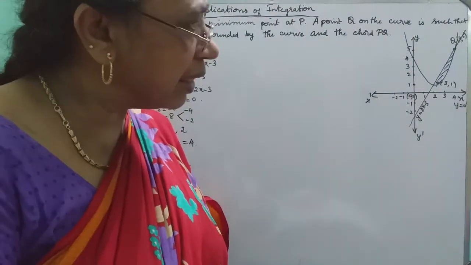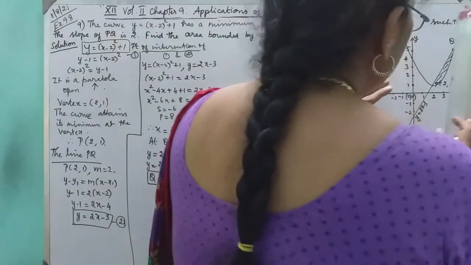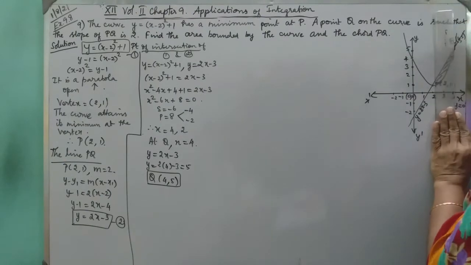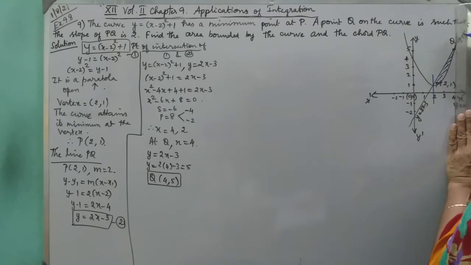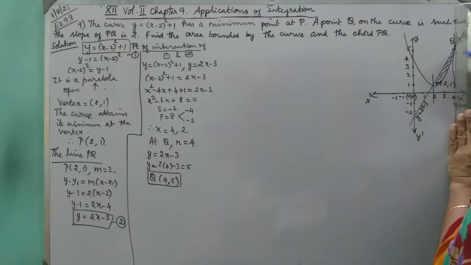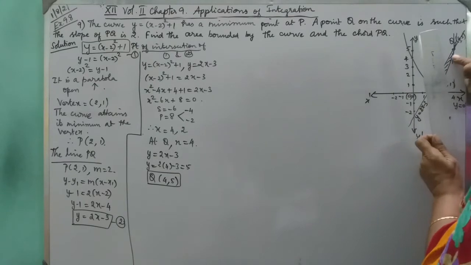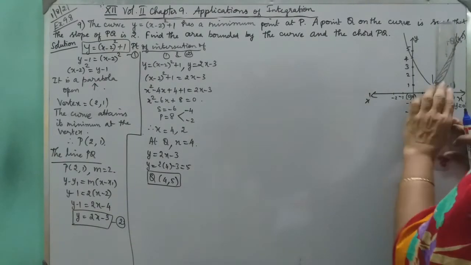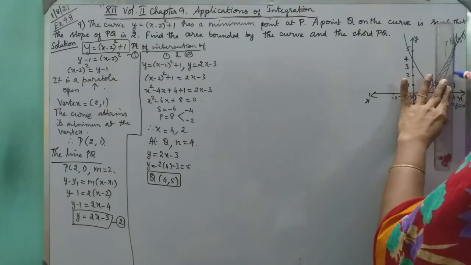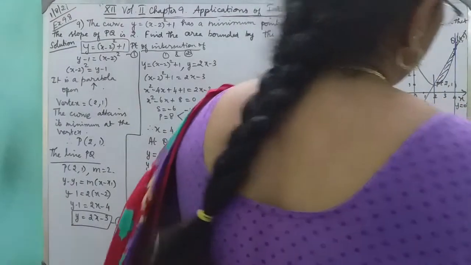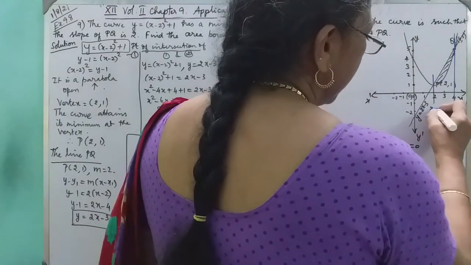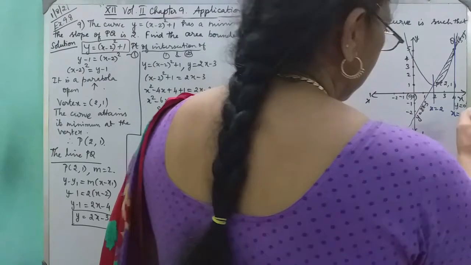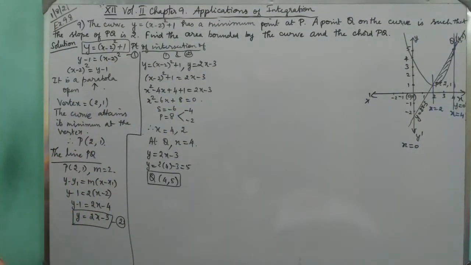It's very clear that this area is bounded by 2 verticals which can be drawn through P and Q. P and Q are points of intersection, no. So through the points of intersection only, we have to draw the perpendiculars. So the perpendiculars are drawn. What about the equations? The y-axis equation is x is equal to 0, and this is x is equal to 2 and this is x is equal to 4. So completely the area is in between these 2 verticals.